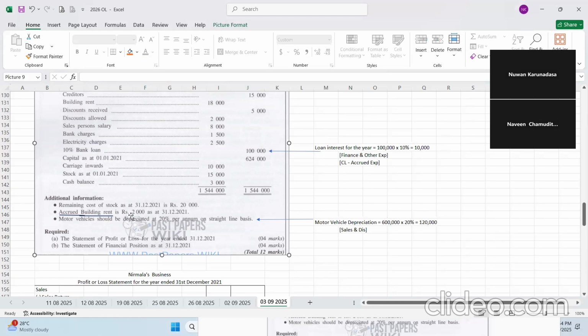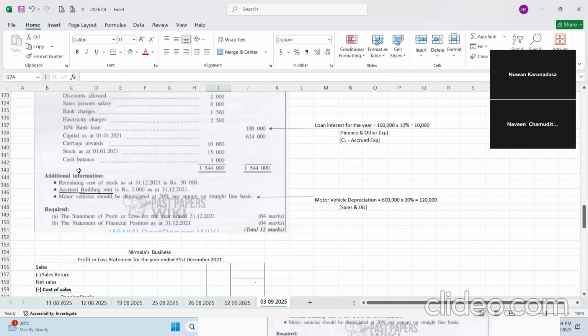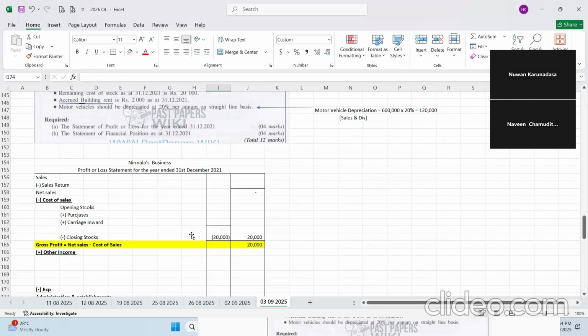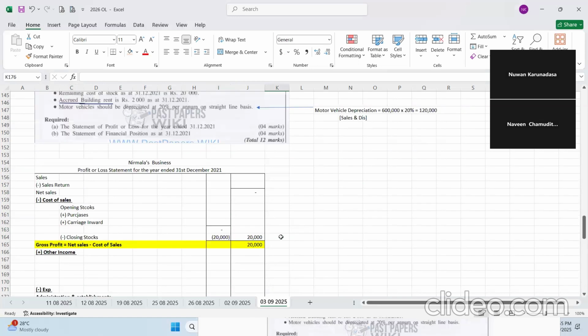Altogether the building rent will be 20,000. Admin building rent equals 18,000 plus 2,000 unpaid. Altogether here 20,000. Very important. So see here again: paid amount 18,000, unpaid amount 2,000, total of the building rent will be 20,000, that is administration expenses. Right, done.